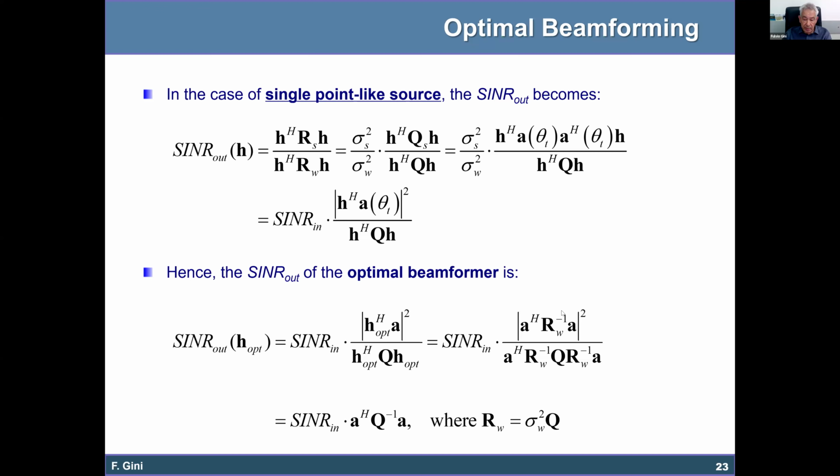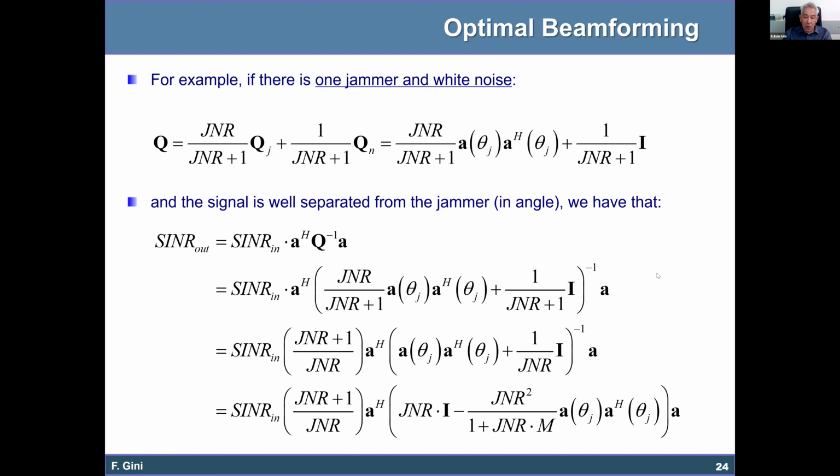At the denominator, basically you have exactly the term of which you calculate the modulo square, but this quantity is real, so you don't need the modulo square. You simplify, you get this. So the array gain of the optimal clairvoyant beamformer is this term here: A Hermitian Q to the minus 1 A.